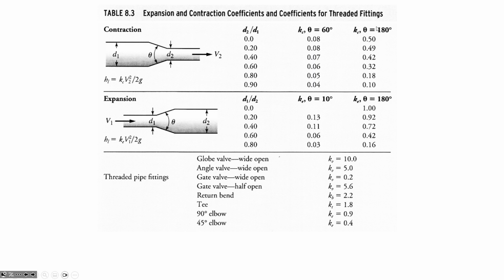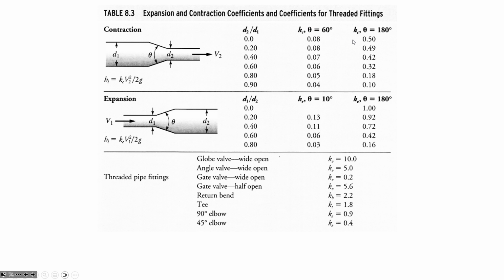And the same thing is true if you look at the angle here. That's saying, like, is it a gradual transition which is tapering in such a way that it maybe disturbs the flow less than a really quick and abrupt transition. So an angle of 180 degrees has a higher K value than an angle of 60 degrees because it's going to introduce more turbulence.